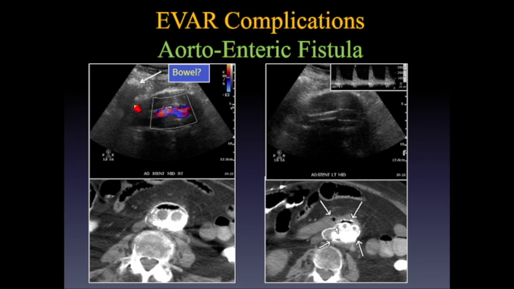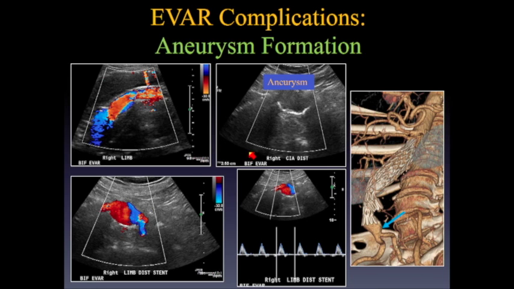On ultrasound, it's much harder to observe; only if you see a bowel loop that may not have peristalsis and is sort of adherent and not moving much, so you can suspect it if the patient is septic.